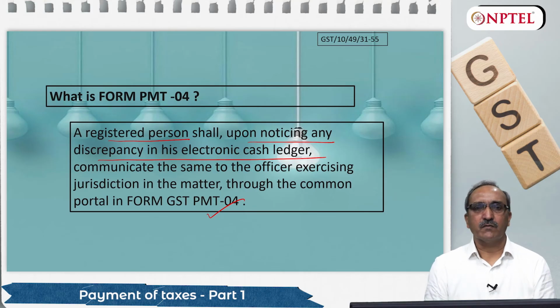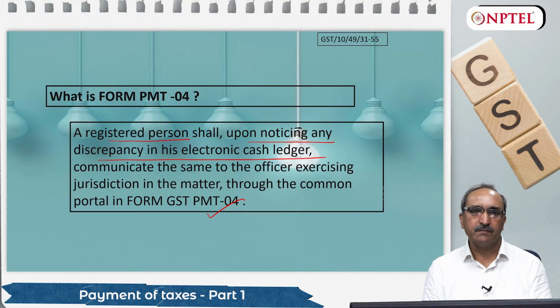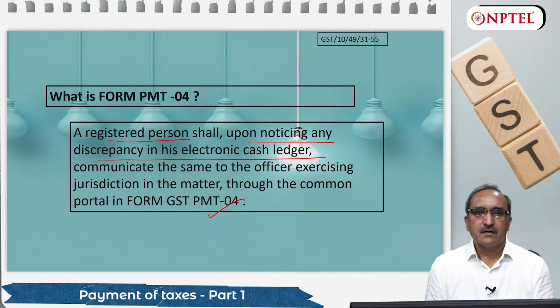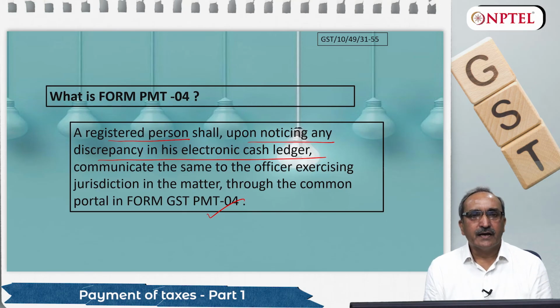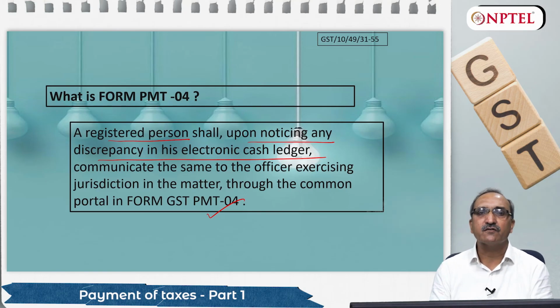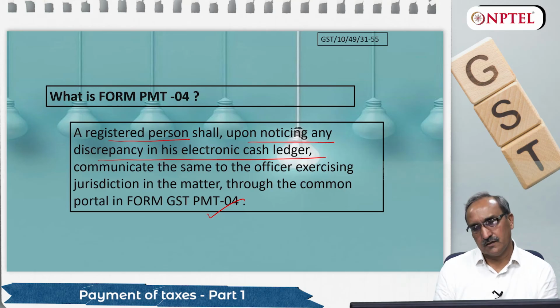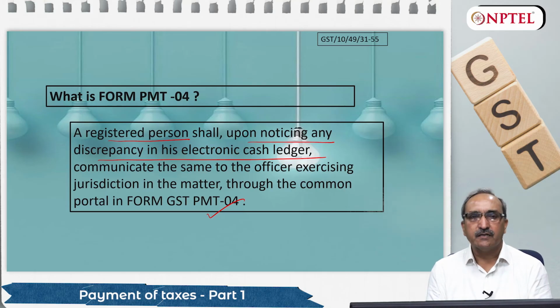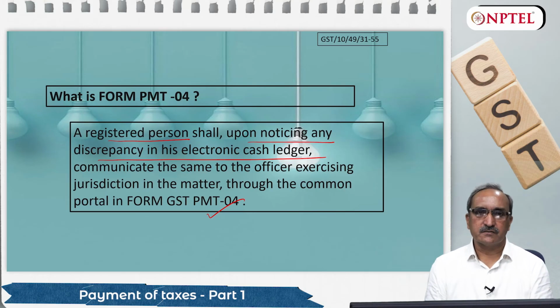It happens in normal circumstances that there may be some discrepancy in your cash ledger also. Sometimes your buyer has deducted your TDS but it is not reflected in your cash ledger, or it is credited twice.